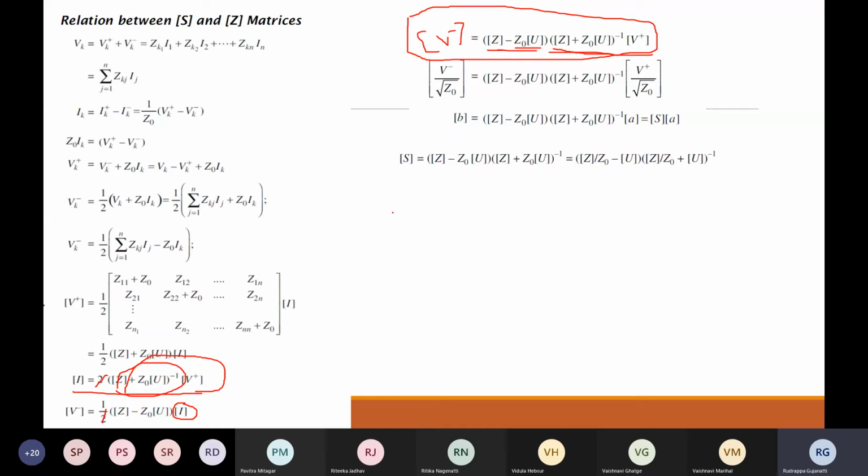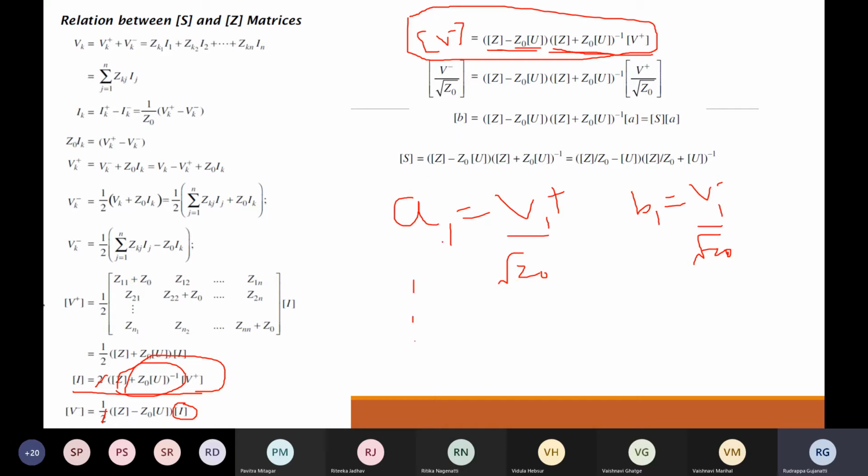Now in previous sessions, if you remember, we had obtained, say V1 was obtained as V1 plus divided by square root of Z0. And if I wanted B1, it is V1 minus divided by square root of Z0. That is in the previous session we had discussed regarding these parameters.